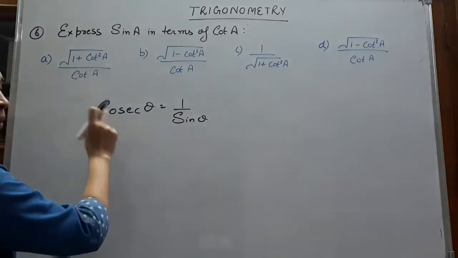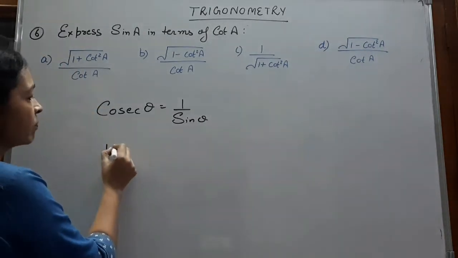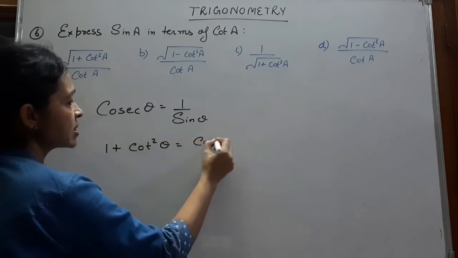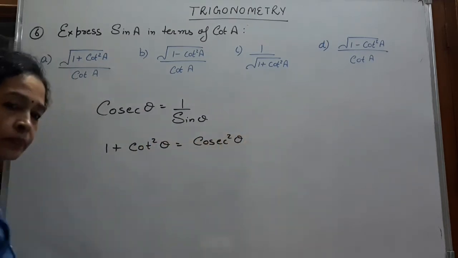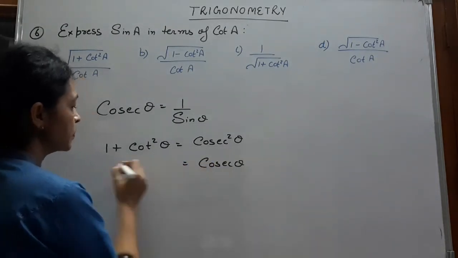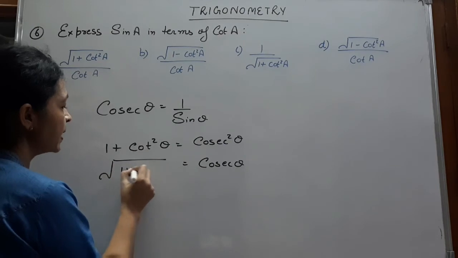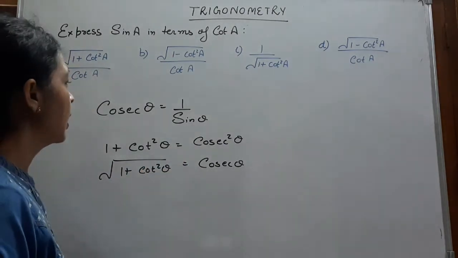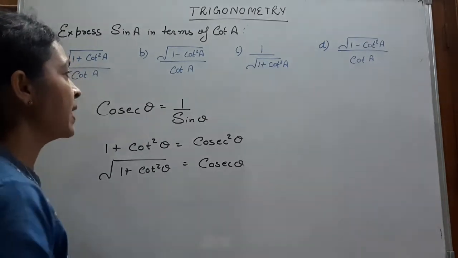Now we have the relation between cot and cosec: 1 plus cot square theta equals cosec square theta. Clear? What will be the value of cosec theta? Square root of 1 plus cot square theta. This is cosec theta.